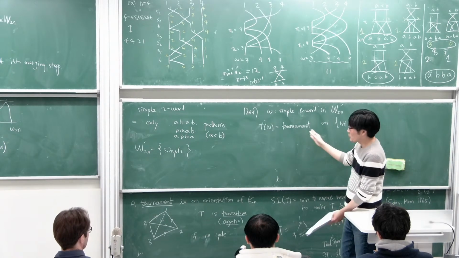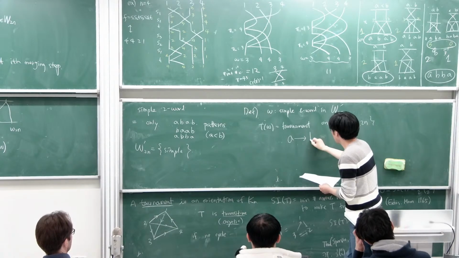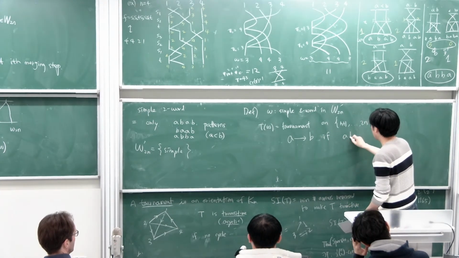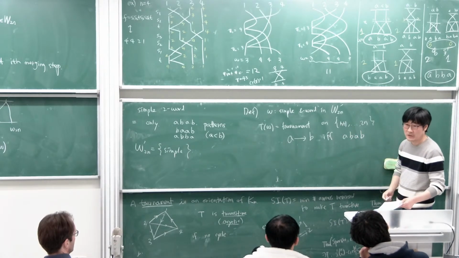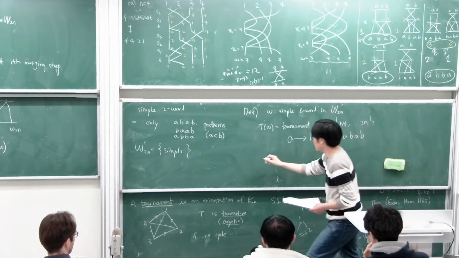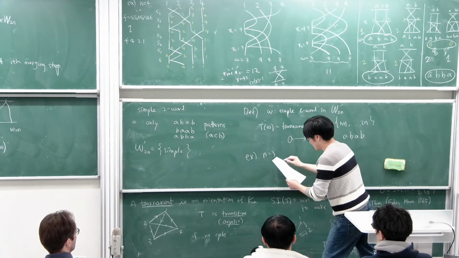So all we have to do is to decide the direction. So A to B if and only if the pattern here is ABAB. So we define this. Let me give you an example just to make sure that you can understand this.